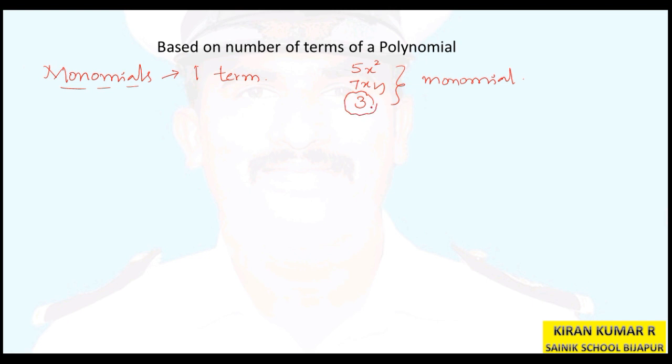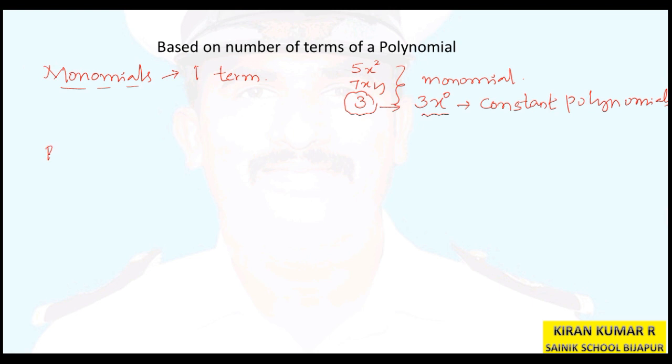Here I have not written any variable, or else there is a variable but the power of the variable is 0. Such a monomial wherein the degree is 0 is called a constant polynomial. All the constant polynomials are monomials.